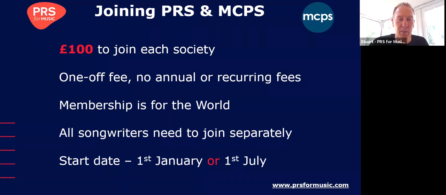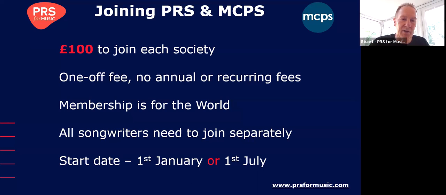And the right time is, as explained, as your music becomes more and more active, then you would consider joining. In a band, or if you co-write with others, say if you're an MC or a producer, for example, but you're collaborating with other people, each individual needs to join separately. You don't join as a unit or as a band.